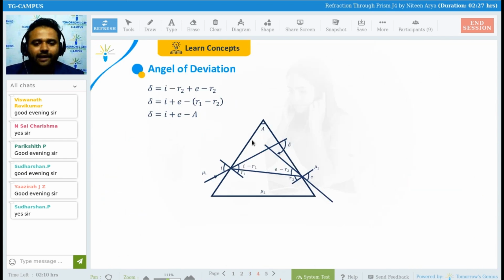Okay. Moving ahead, angle of deviation. Now what is angle of deviation? First of all, that needs to be defined.